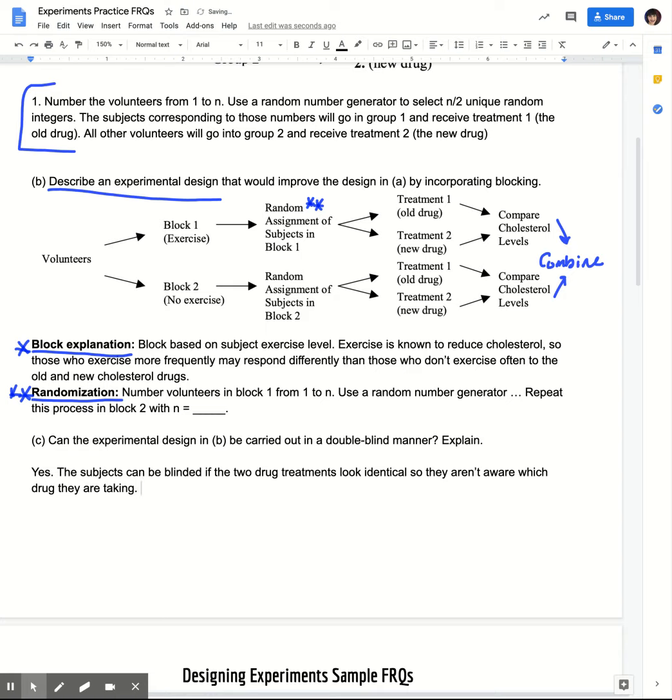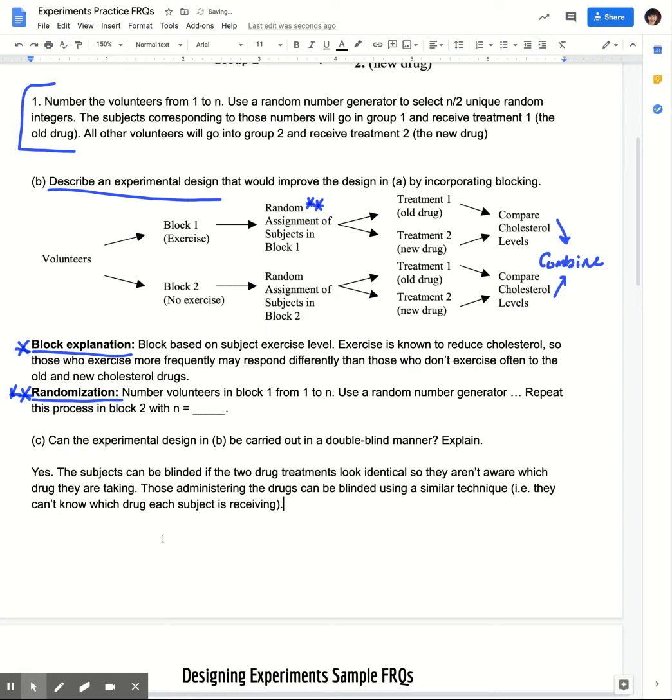And then you would say those administering the drugs, or you could say those monitoring the results or collecting the results, something along those lines, okay, can be blinded using a similar technique, i.e., they can't know which drug each subject is receiving.